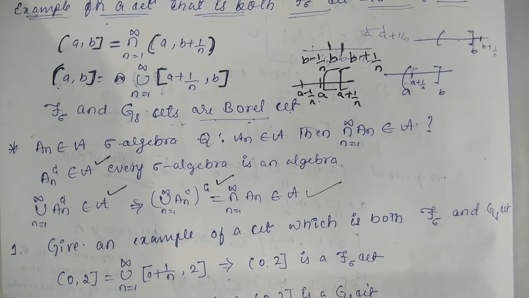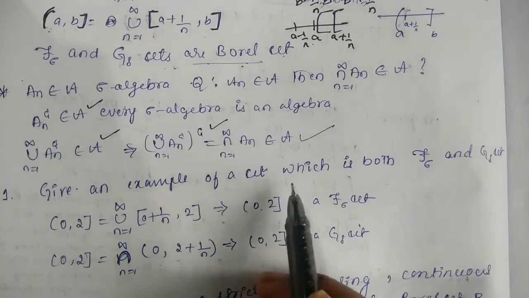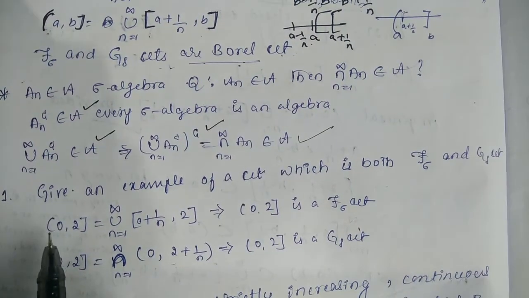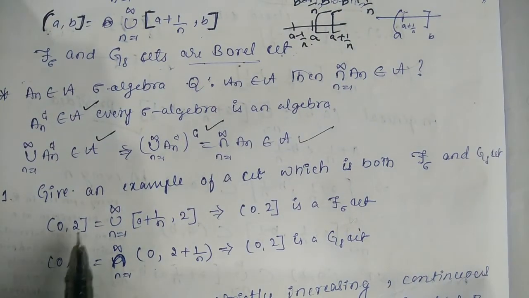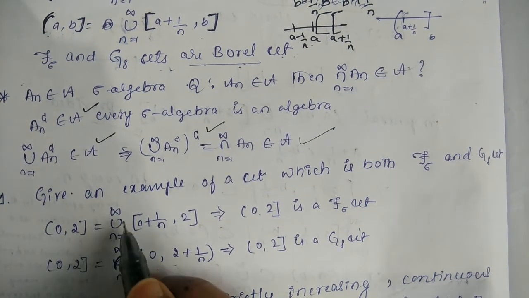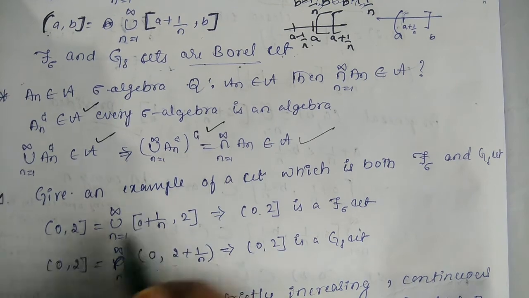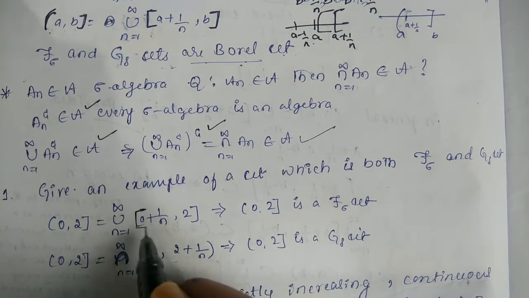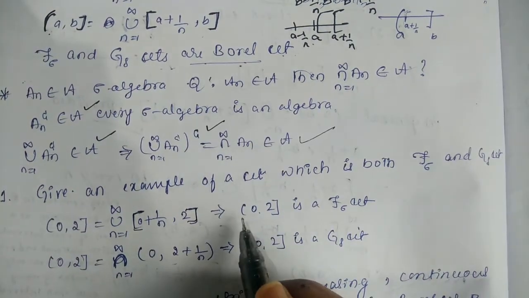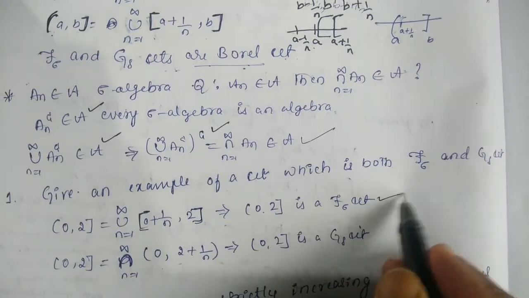Next problem: give an example of a set which is both F sigma and G delta. Take the example open at 0, closed at 2, that is (0, 2]. Why? Because it can be written as a countable union of closed sets. Take [0 plus 1 by n, 2], which is closed already. Therefore (0, 2] is an F sigma set.